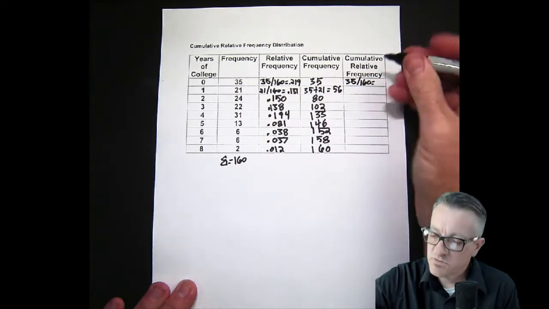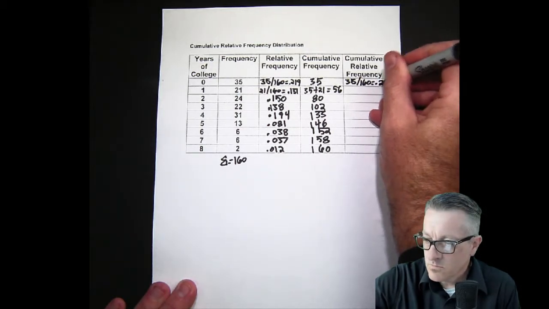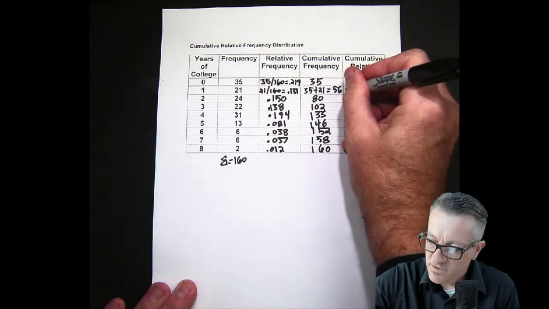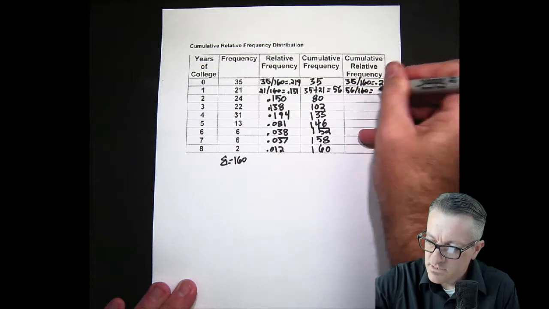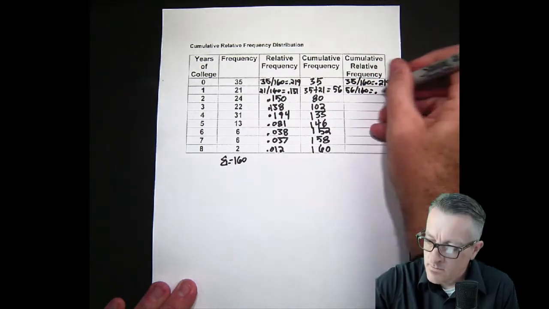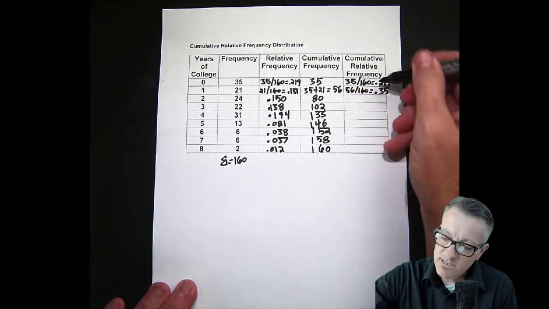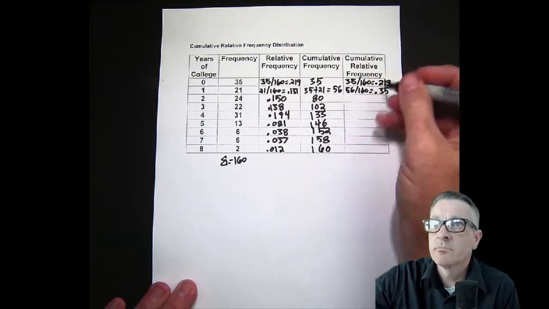The first one's always essentially the same, 0.219, and then we keep going. Then it's 56 divided by 160, and that is 0.35.